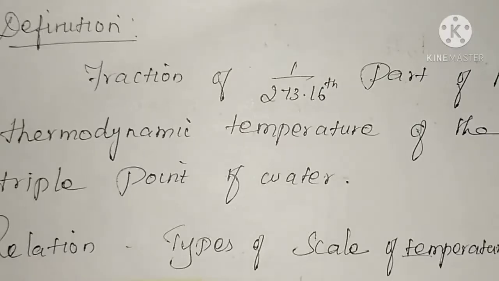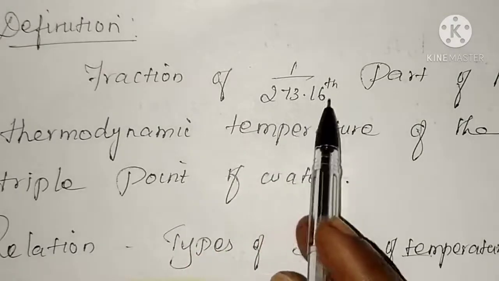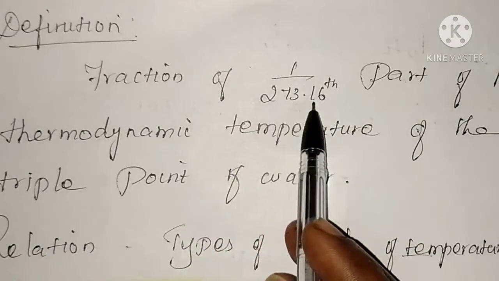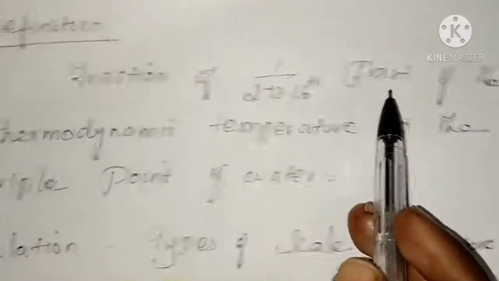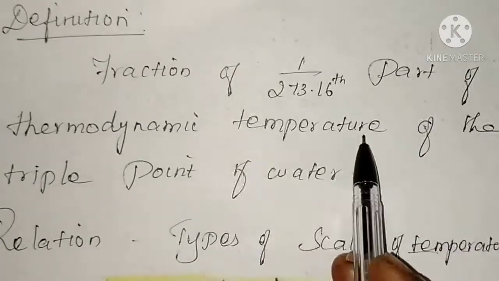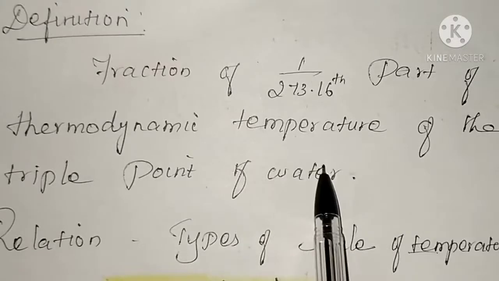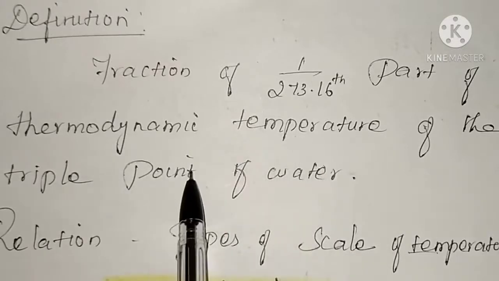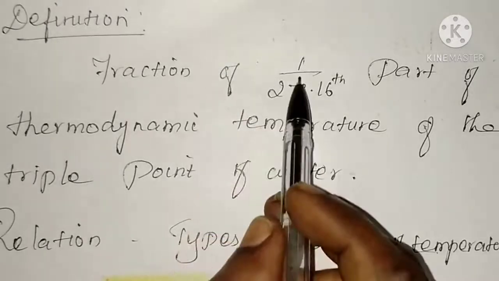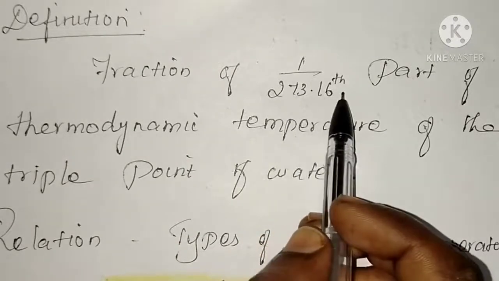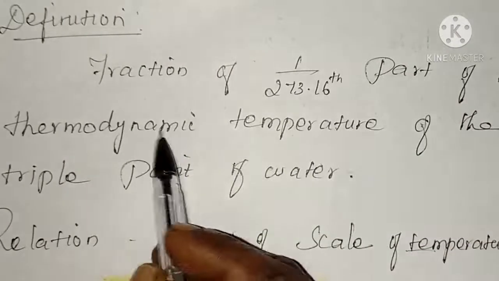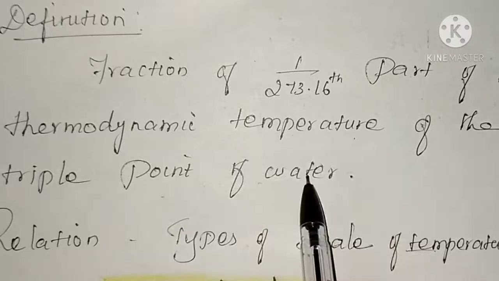Now, each unit of the thermodynamic temperature can be defined as the fraction of 1 by 273.16 part of the thermodynamic temperature of the triple point of water. I already told you what the triple point of water is.